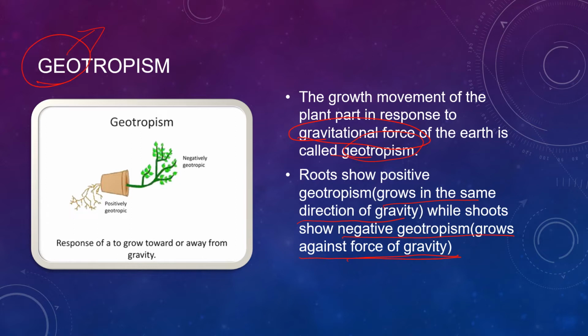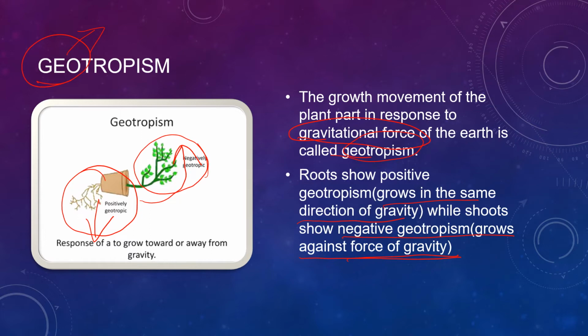Is it clear? So the shoot is negatively geotropic, moving against the force of gravity, whereas the root is always positively geotropic, moving towards the force of gravity. Response towards it is positively geotropic, away is negatively geotropic.